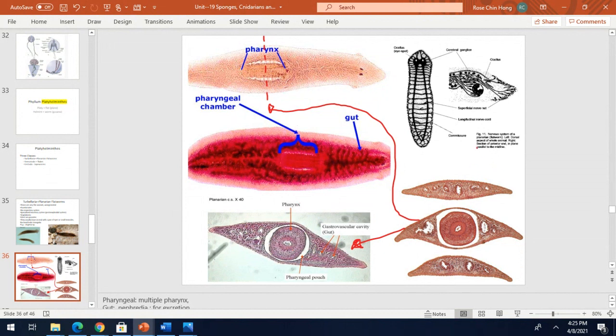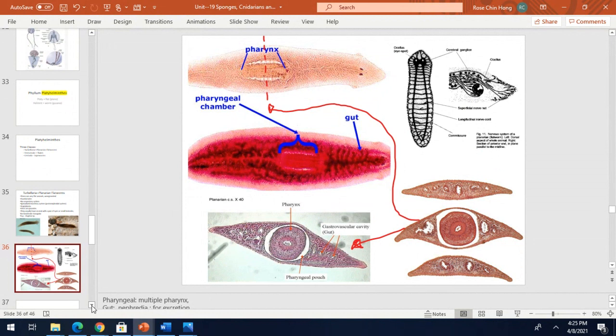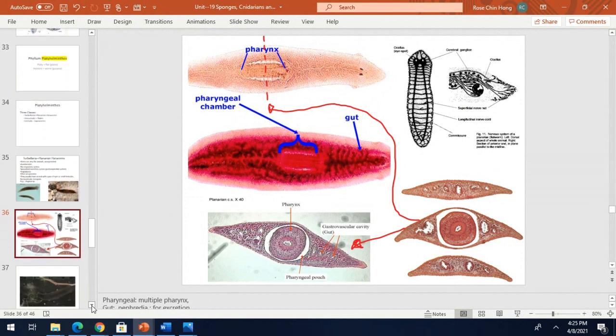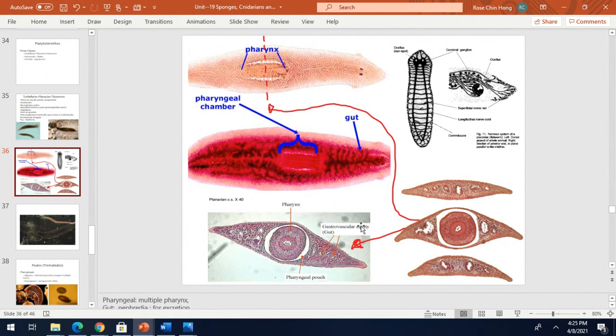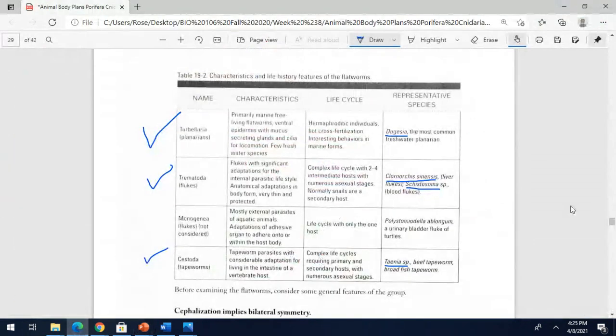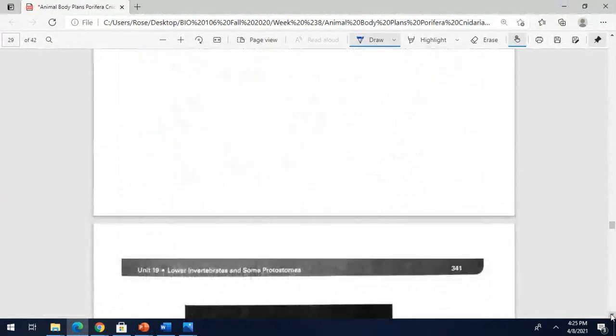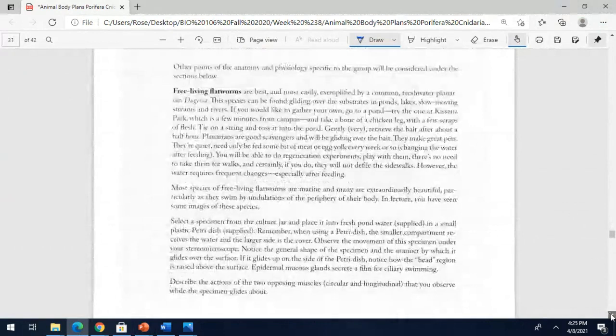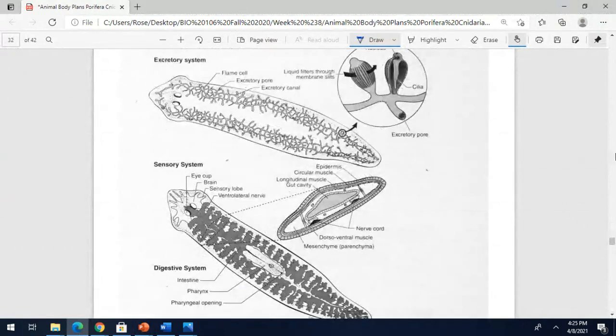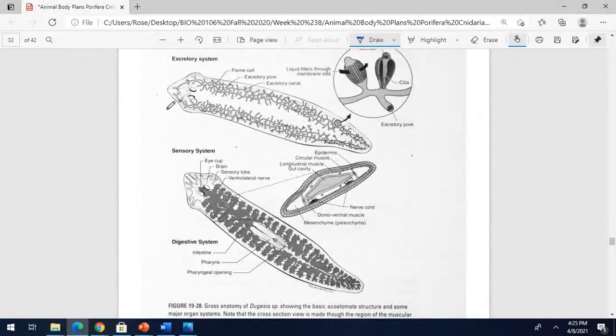So next you see they have this special protonephridial system. Let me see if I have it here. No, I don't. So in our protonephridial system, let's go back into this page here. This is what it looks like, and this is very important, that you look at this excretory system slide really well.